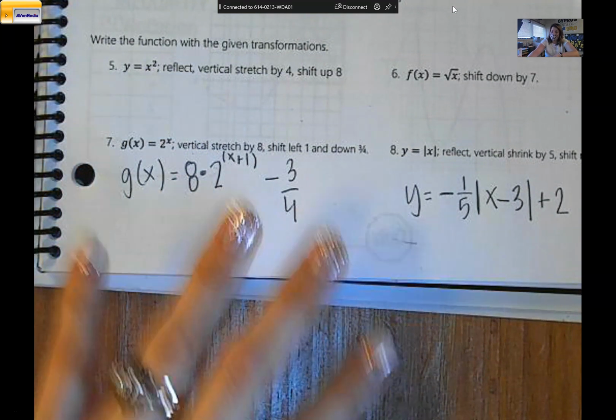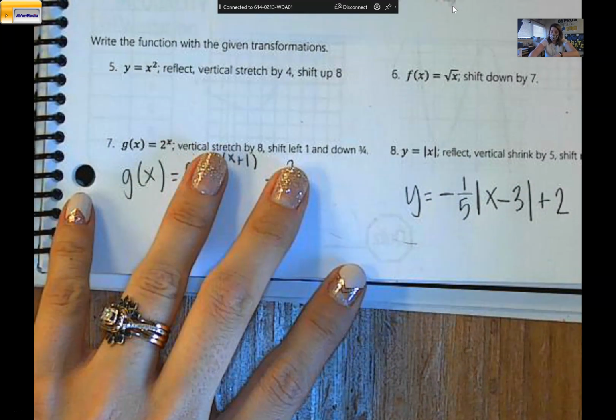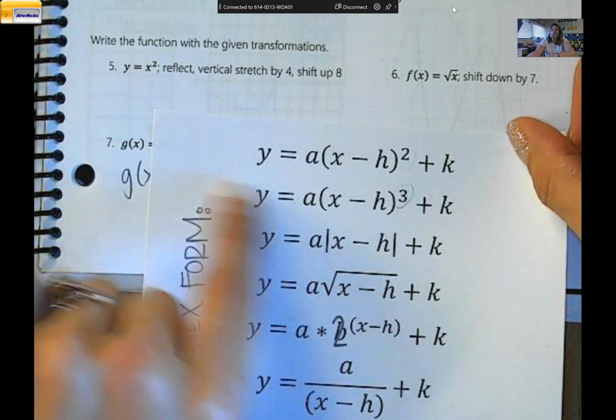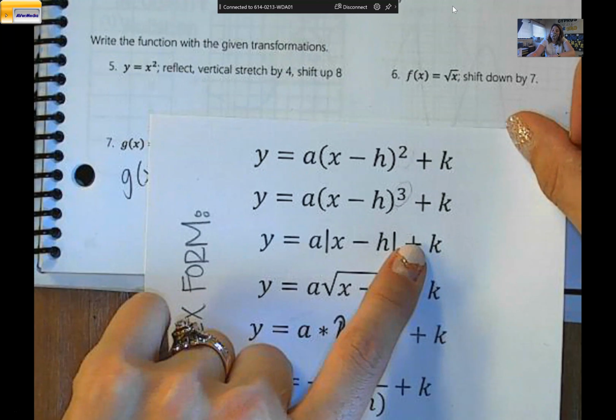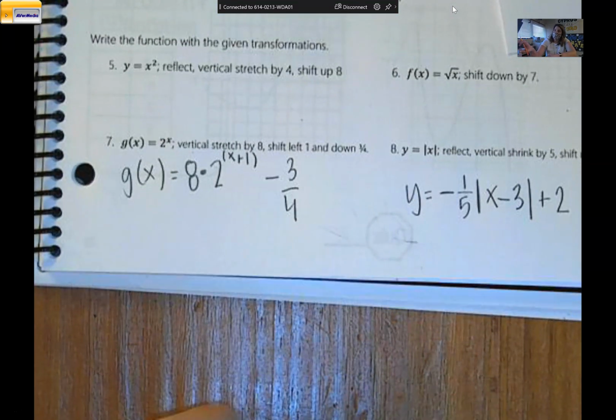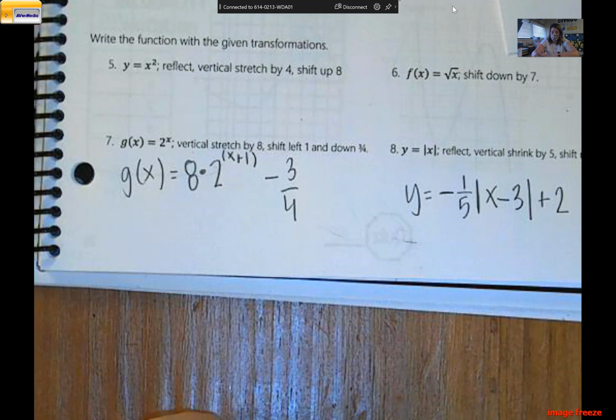So use that same reasoning to try 5 and 6. If you need your cardstock, just follow your cardstock left to right. I'll do mine and then I'll come and babysit.